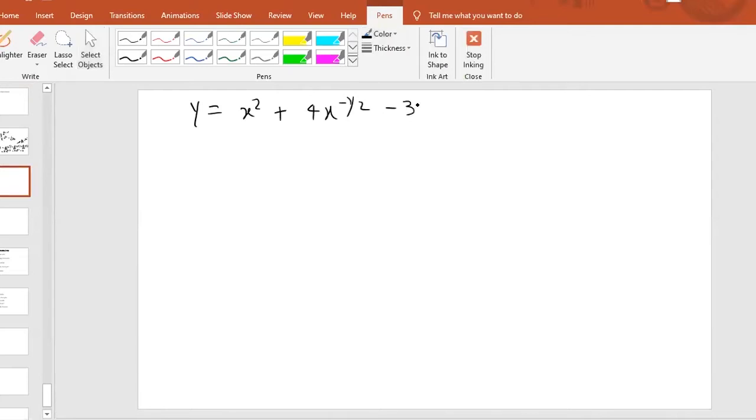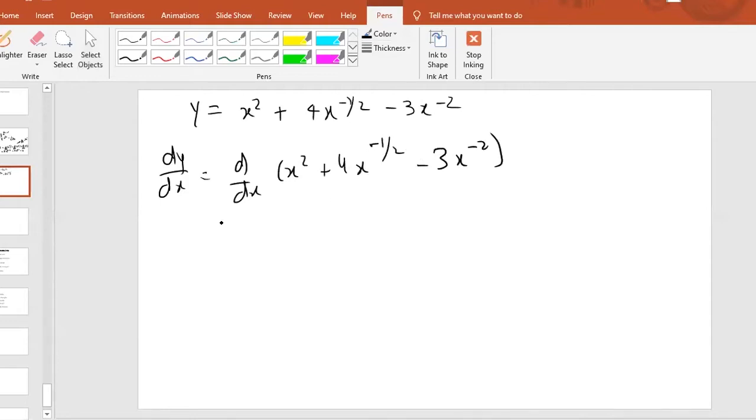Fine. So if you differentiate this, we'll get dy by dx. So we can write here as d by dx of x square plus 4x power minus half minus 3x power minus 2.